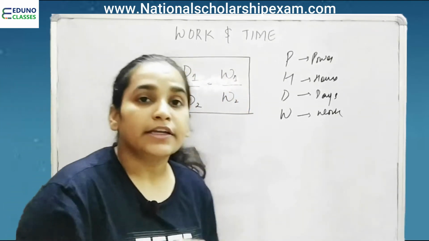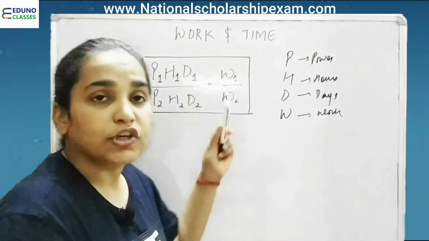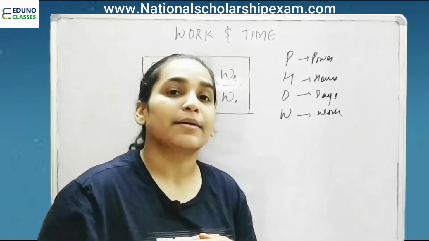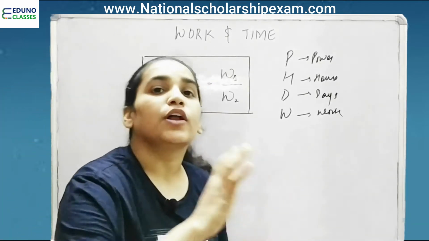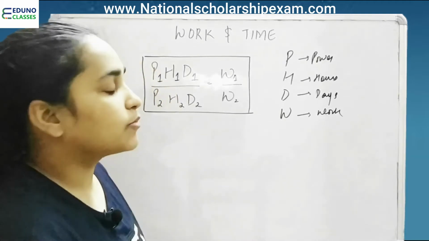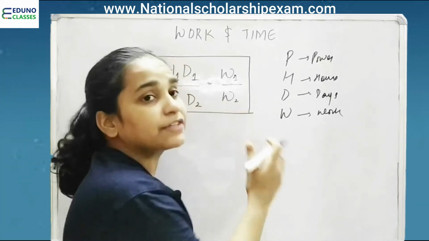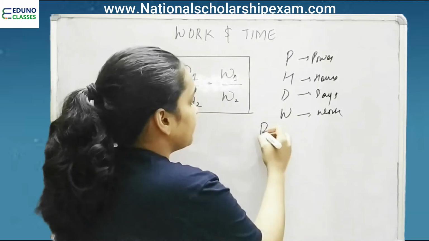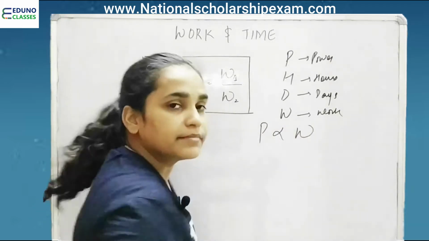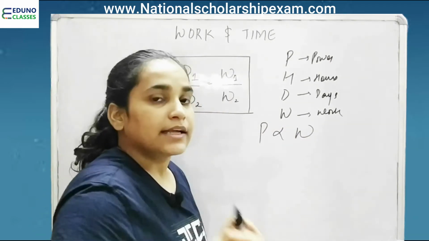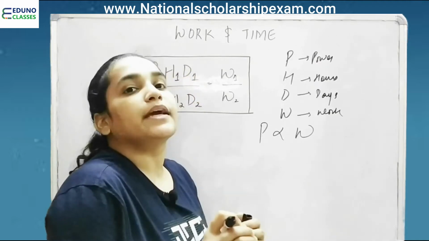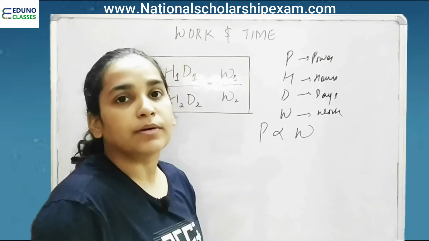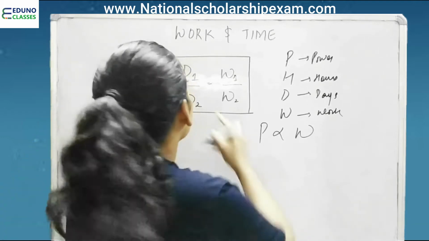We do not need to go into the derivation of this formula because it will not be asked in your exams, but just to give you a little hint about it, we have this formula because power is proportional to work. Do you agree? If you have more power, you will be able to complete more amount of work, right?